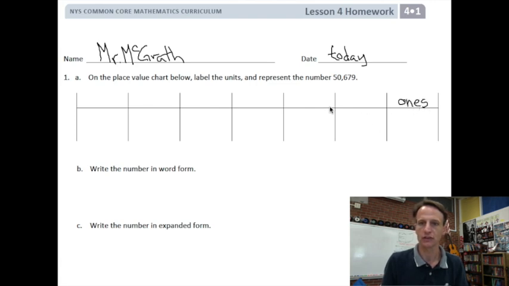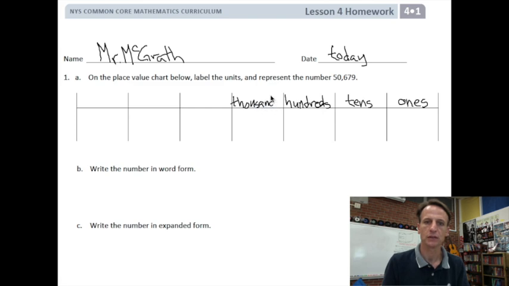So this, of course, is the ones place, and then we have, you got it, tens, and then, yep, hundreds, and then thousands.